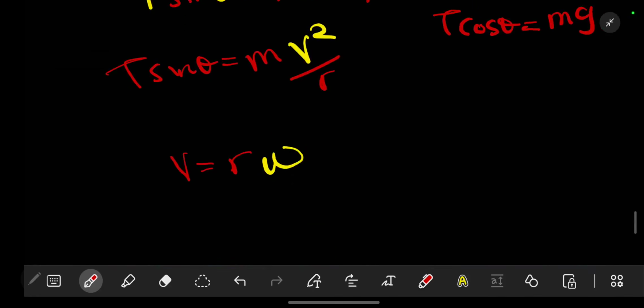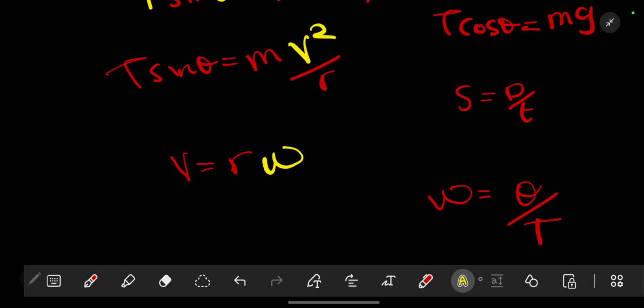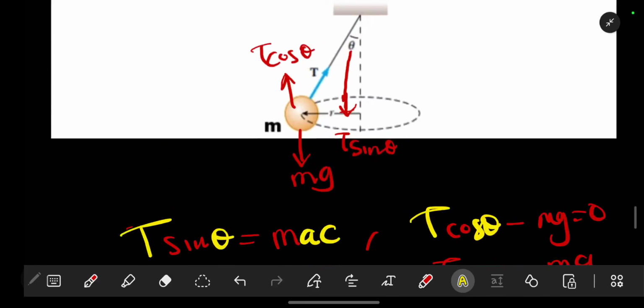So this one, remember what we said, if you look at the speed, it is equal to distance over time. So even the angular speed will be equal to the distance, or rather displacement, in this case the angular displacement, over the period. Now this is the period they have given us. Now what is this? It is making a complete circle.